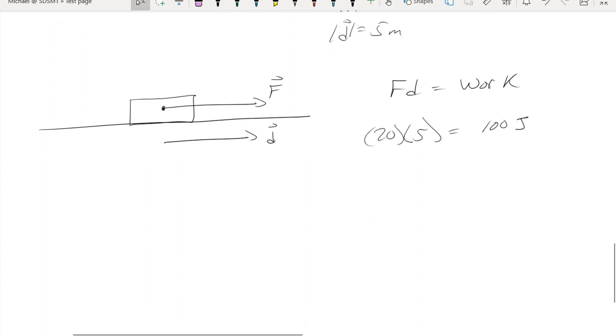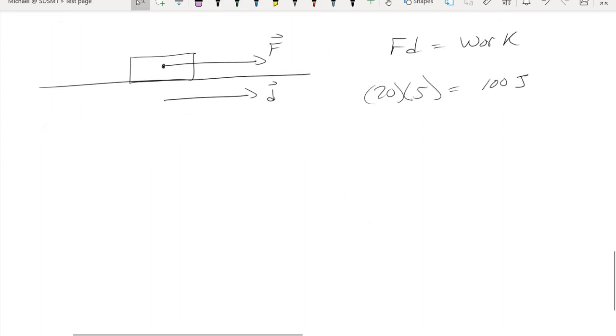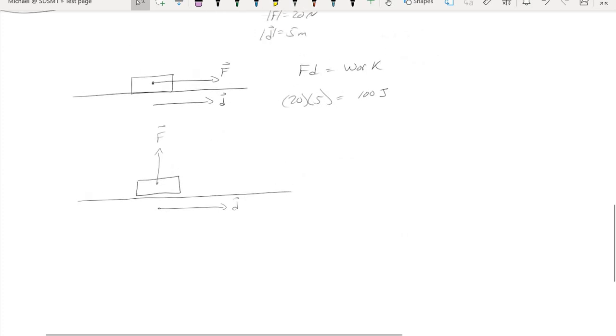Let's take that same magnitude of force and that same magnitude of displacement. Getting too close to the bottom of the screen here. But now I'm going to apply that force straight up. How much do you think that force is going to contribute to getting that mass to move to the right?